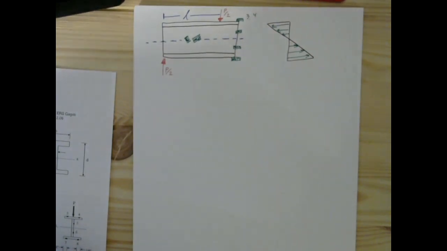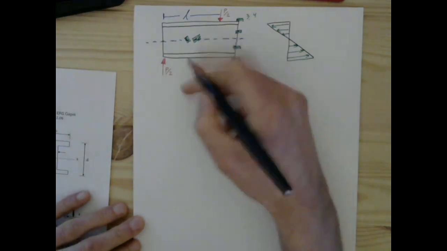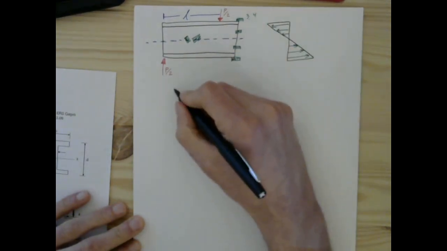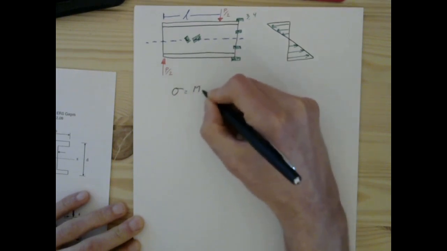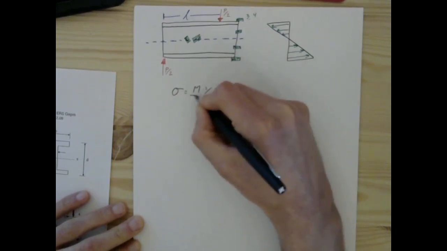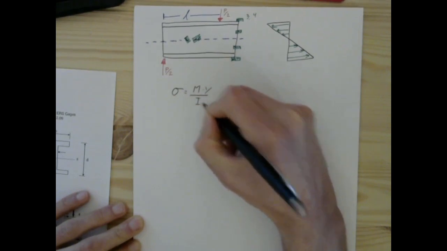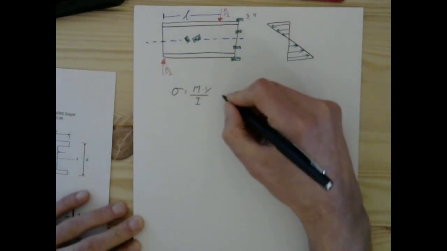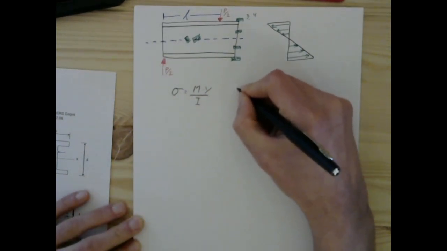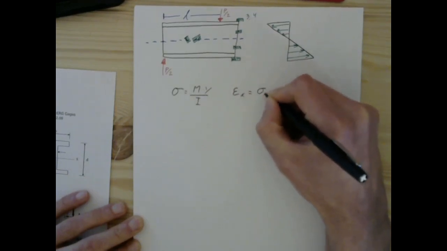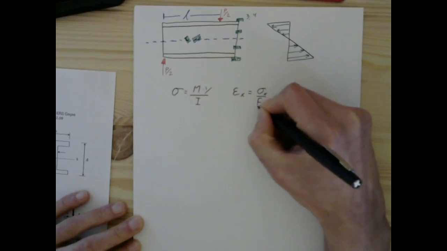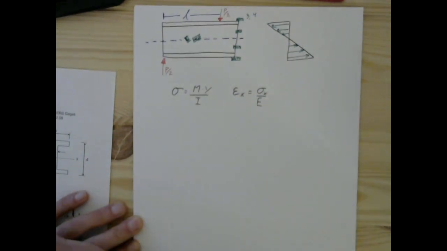So we're going to want to use this distribution, which tells us to use this equation for our stress, and we previously stated that we could use this equation, the basic form of Hooke's law, for our strain.